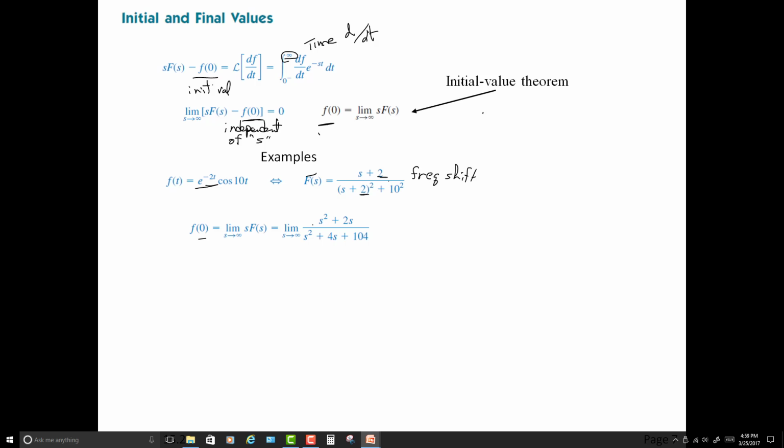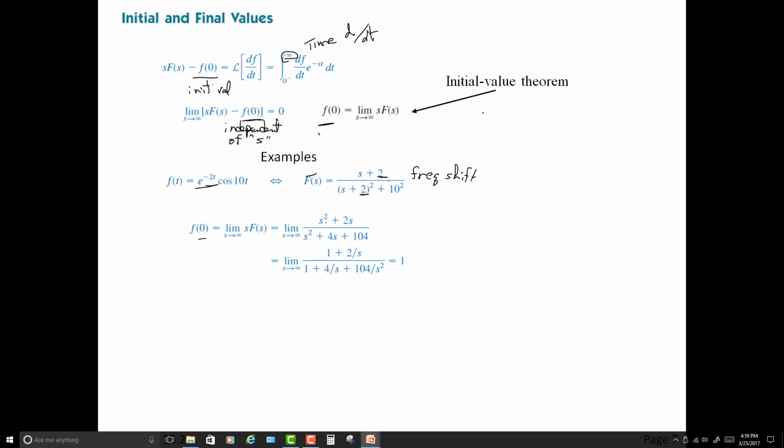So let's multiply through by s, with s squared plus 2s in the numerator, and all this in the denominator, right? Basically, all we did was multiply that out, and 100 plus 4 out of that gave us this. And then we clear things a bit.